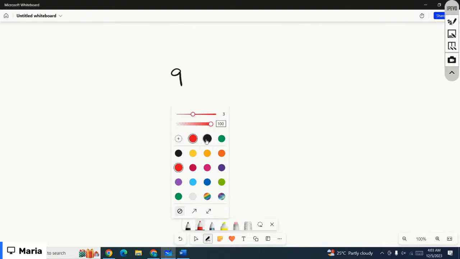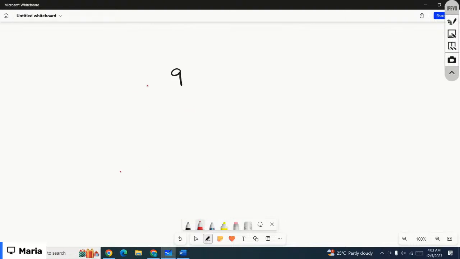Basically 9 is between two tens, 0 and 10. 9 is 9 points away from 0, but only 1 point away from 10. 9 is near to 10, only 1 point away. So you can round off 9 to 10.